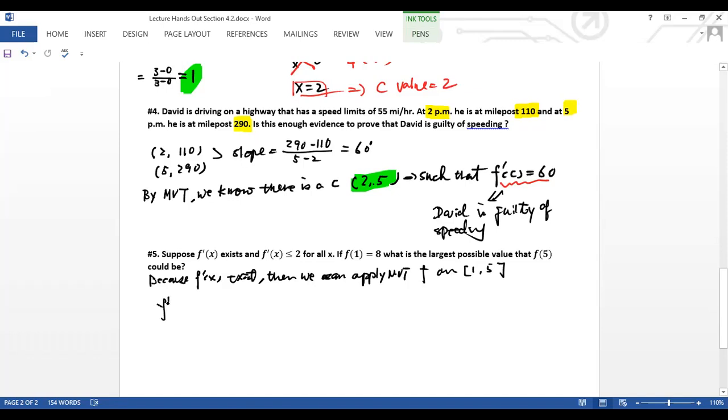So we know f prime c, just like we said, the endpoints, one is 1, another is 5, right?